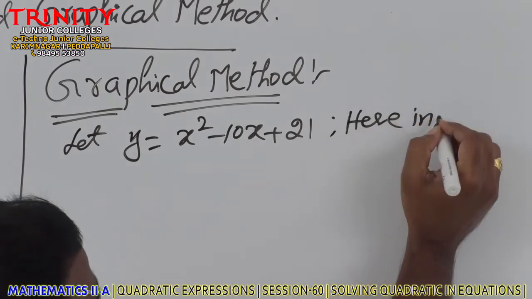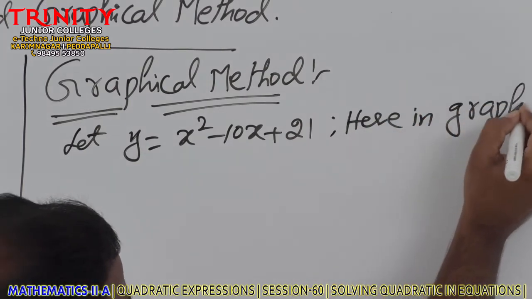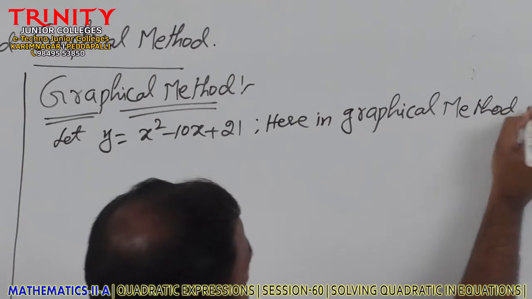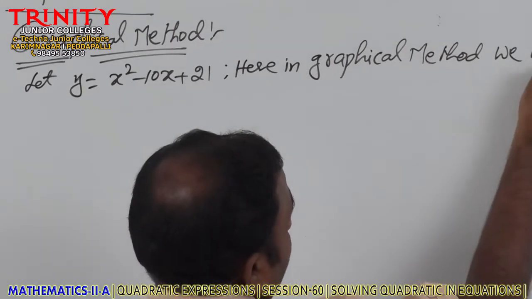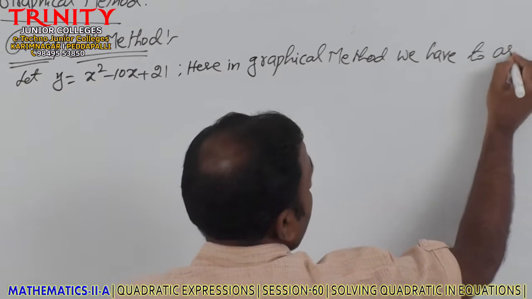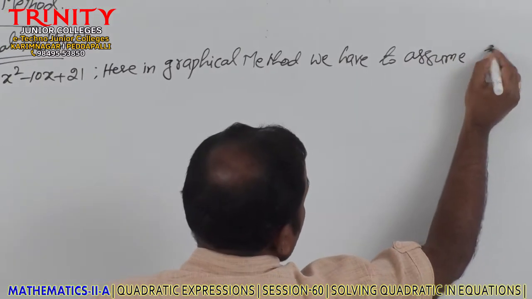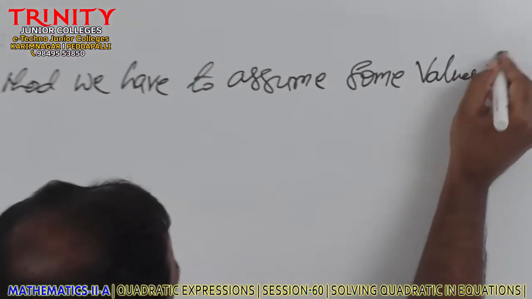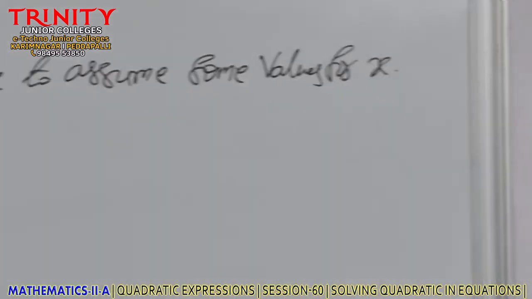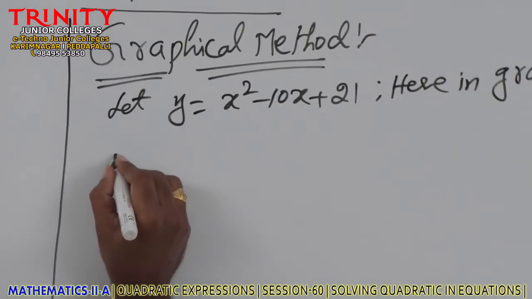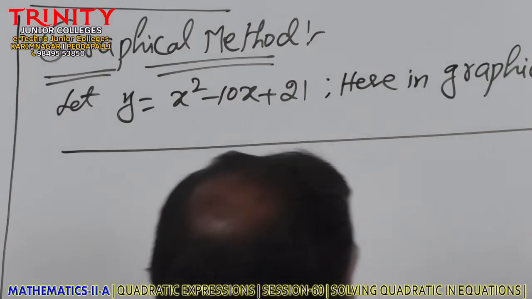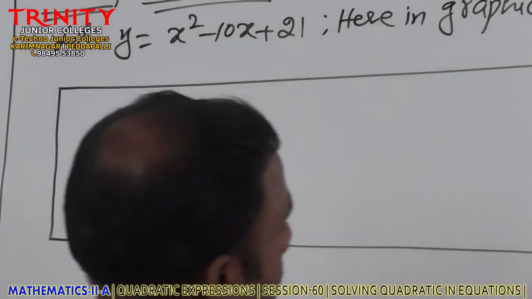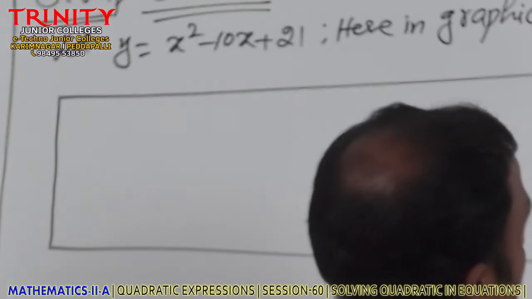Here in the graphical method, we have to assume some values for x. You can take any values. For that value of x, you have to calculate the value of y.